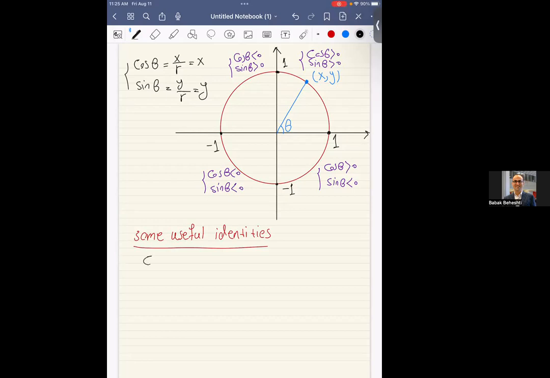So cos of theta plus 2 pi is cos theta, and sine of theta plus 2 pi is equal to sine theta.